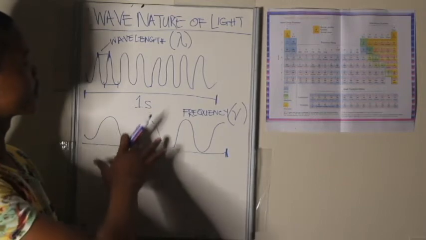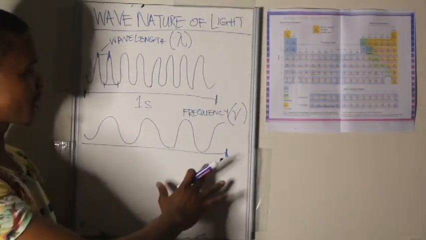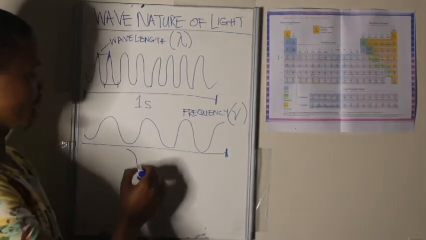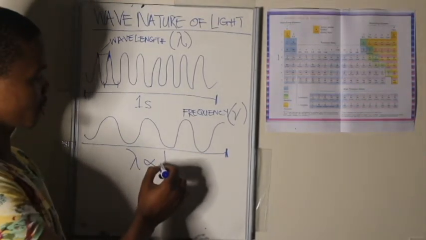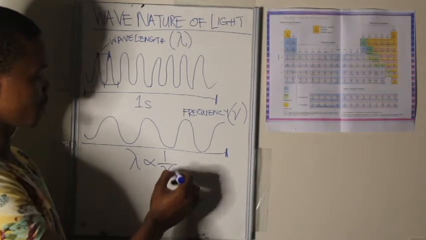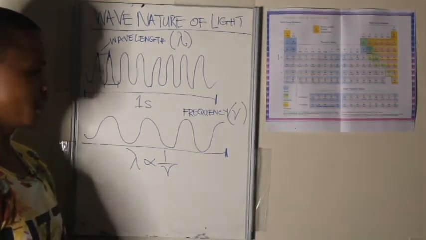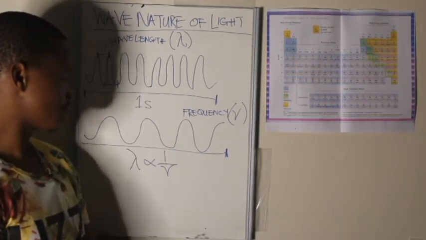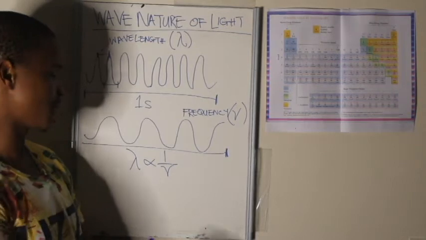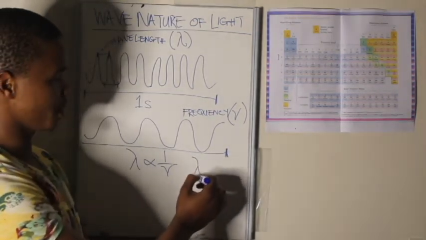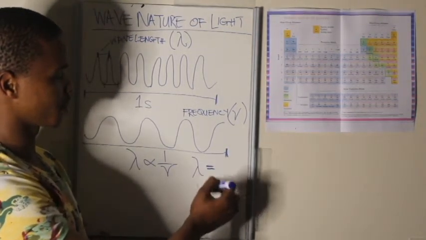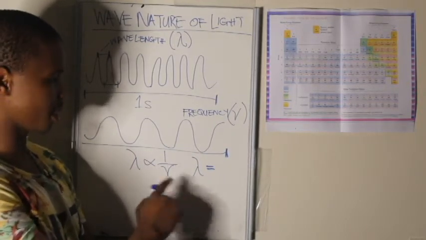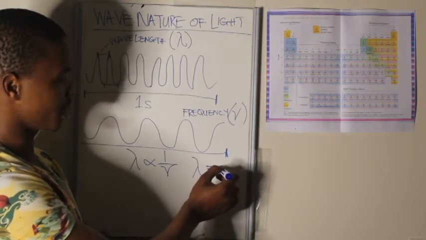Now if this is 1 second and this is 1 second, what you can deduce from here is that wavelength is actually inversely proportional to your frequency. Mathematically speaking, when you say this, there is an inverse proportionality. So when you replace the proportionality sign, you have to put a constant.